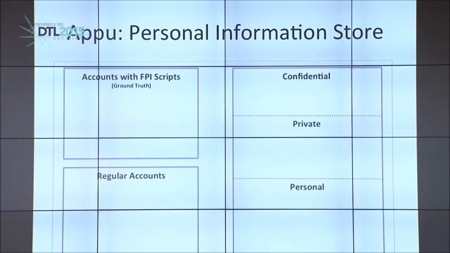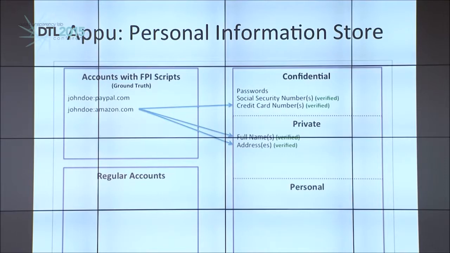So Appu tries to monitor this information exchange using a built-in personal information store, where it populates various personal information fields that the user is giving out on accounts, such as paypal.com or Amazon: credit card numbers and full names. Now, one thing about this is that for all the information collected in the PI store, there is a bit associated with the information, such as verified or not verified.